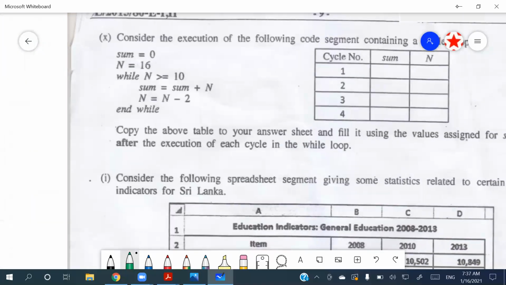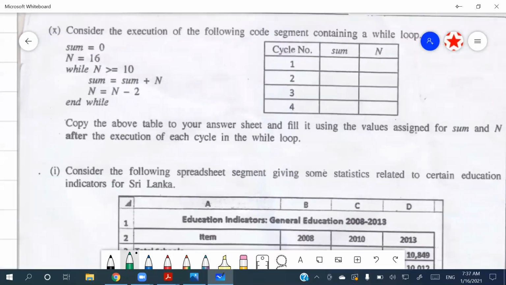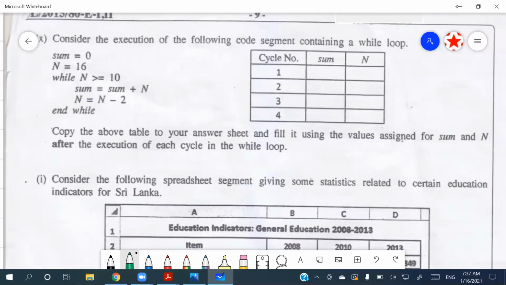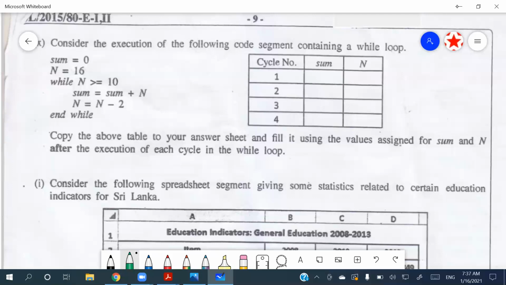The last part of the first question. Right, so it is talking about consider the execution of the following code segment contained in a while loop. Copy the above table to your answer sheet and fill in the values for sum and n after the execution of each cycle in the while loop. After a bold color, right? So if you go through this, in the first column, they say cycle number.